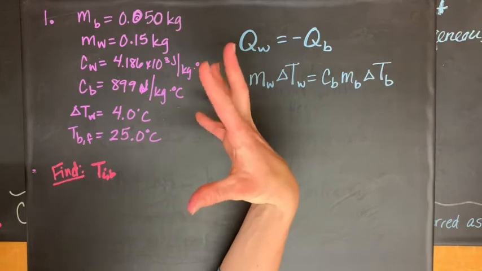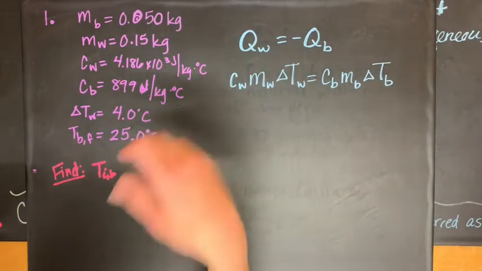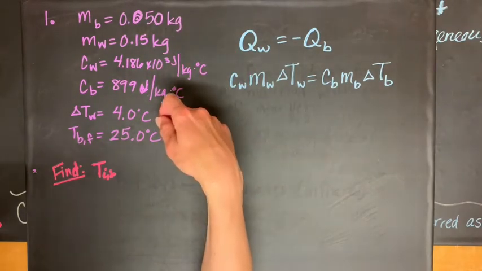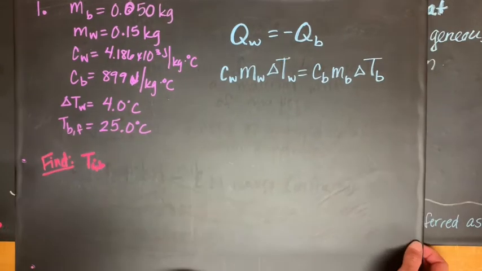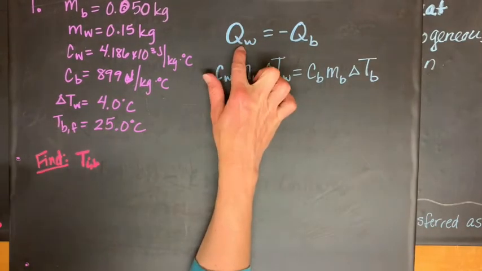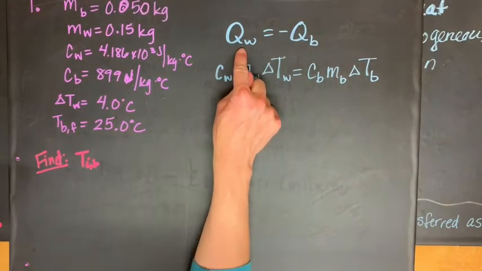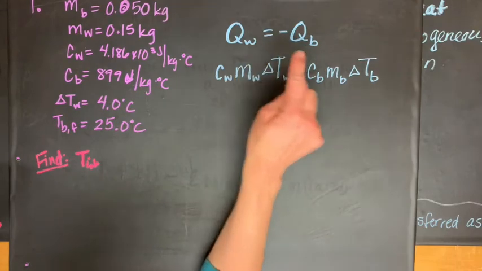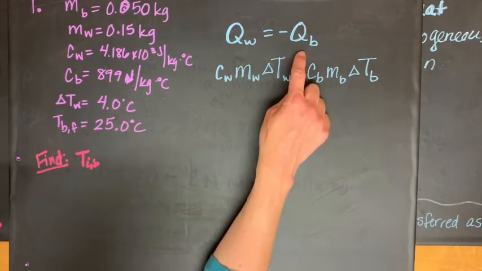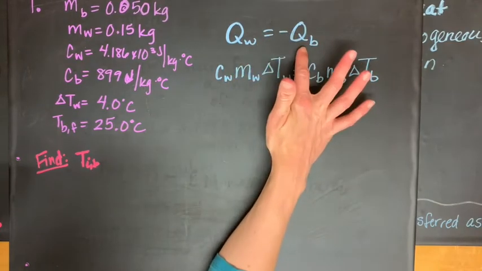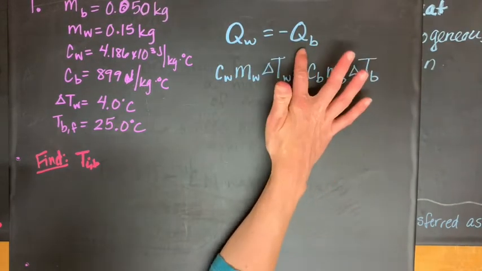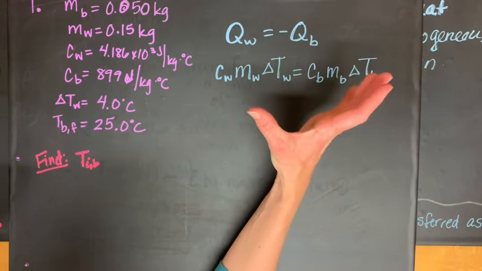So 25.0 minus 21.0 is 4.0 degrees Celsius. And my bolt was also at 25 degrees Celsius at the end of my problem. So I know that the heat transferred as energy into the water is equal but opposite. The heat in the water increased, the heat in my bolt decreased, but the magnitude is equal.